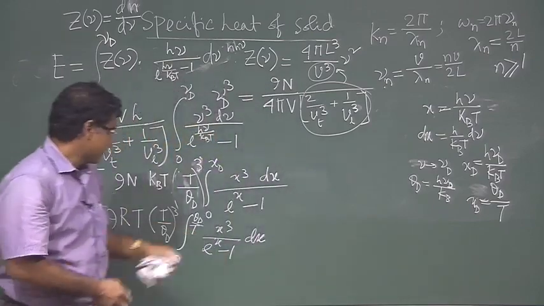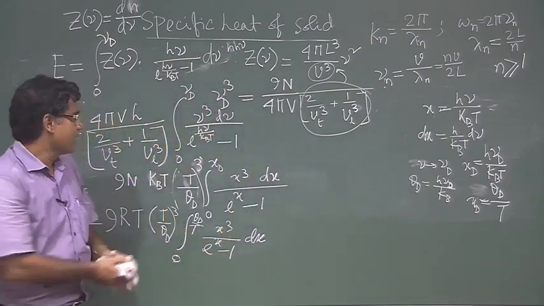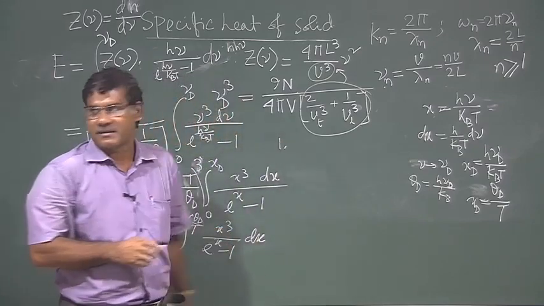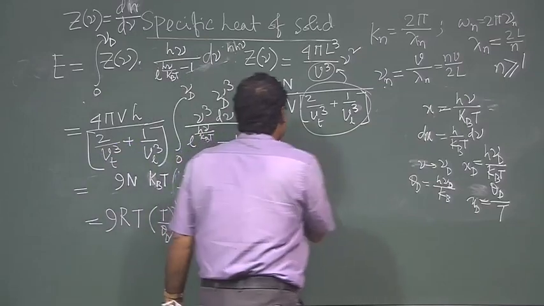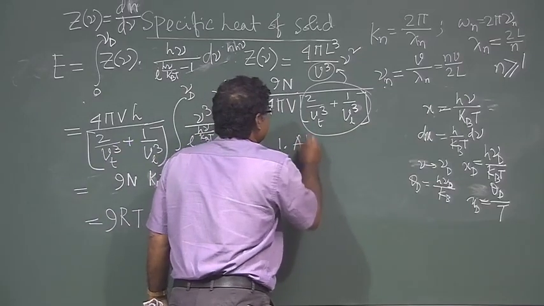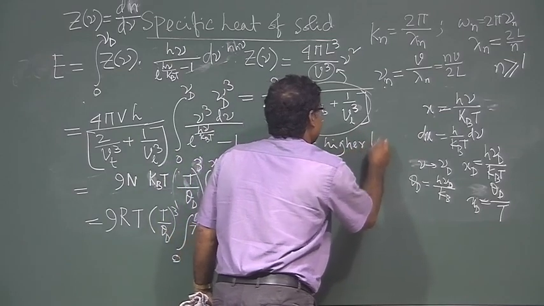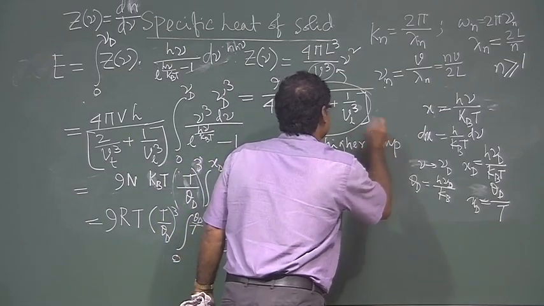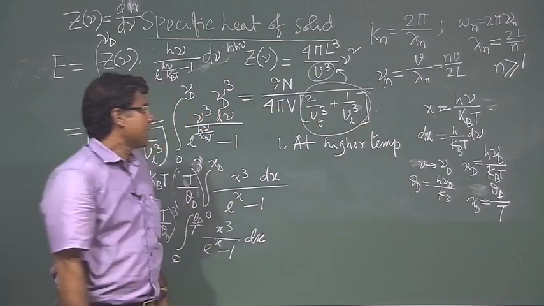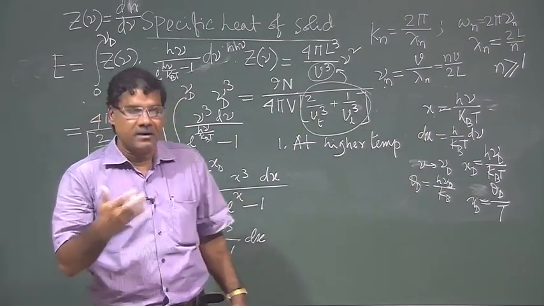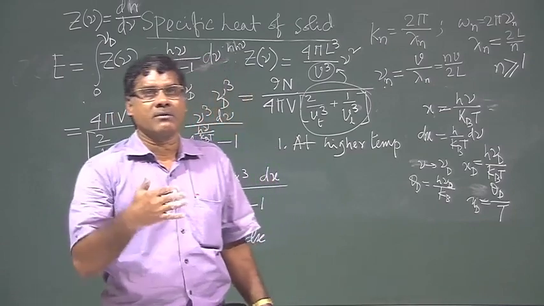So, now we have to integrate this one. Now, let us consider the first case, at higher temperature. As I mentioned, there is no meaning of higher temperature or lower temperature without any reference.